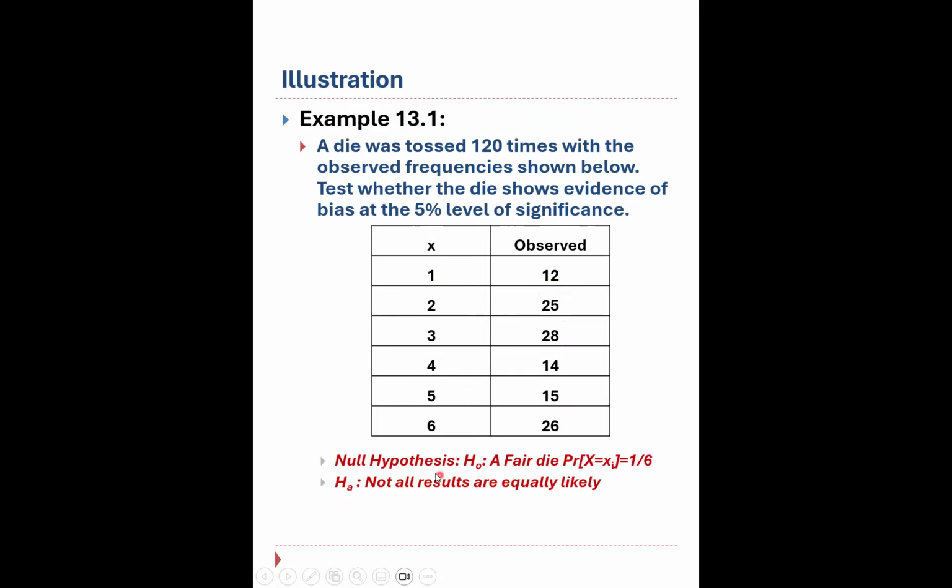The null hypothesis is that it's a fair die, which should produce probabilities 1 by 6 for every outcome. And the alternate hypothesis is that all results are not equally likely.